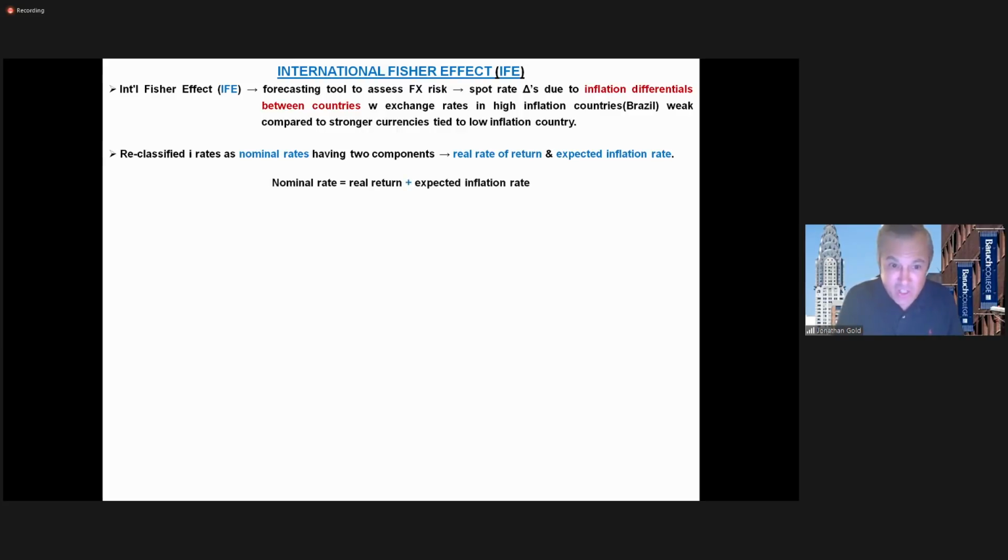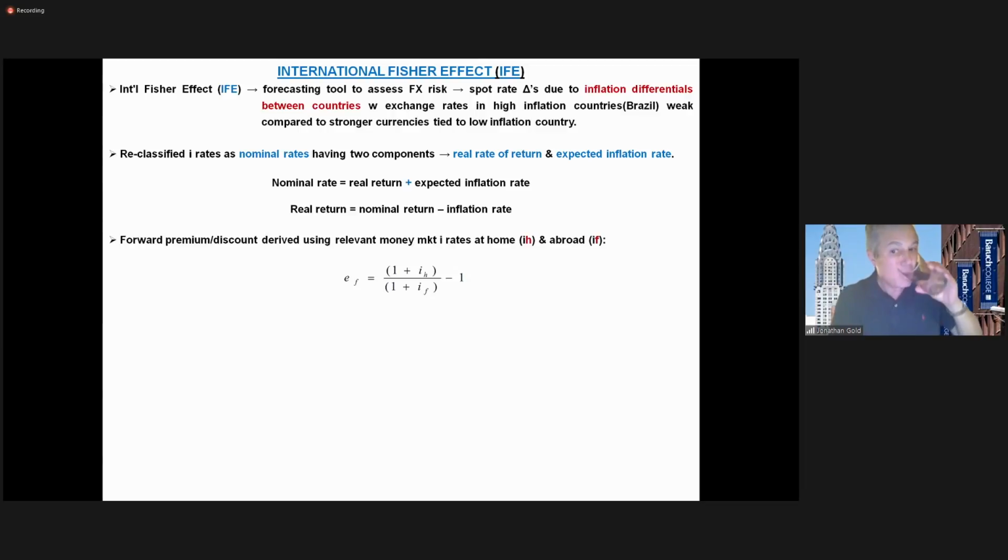So we set up the equation. The nominal rate is the real rate plus the expected inflation rate. That means our real return is the nominal return that we're being offered at the bank, less whatever the inflation rate is. Okay? So Fisher's simple but powerful forecasting tool that's used all the time by global managers to assess expected foreign exchange rate changes is the formula in front of you.